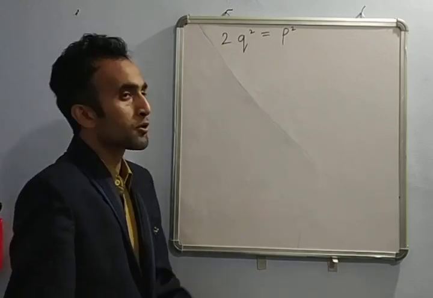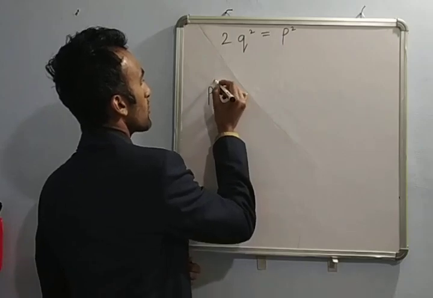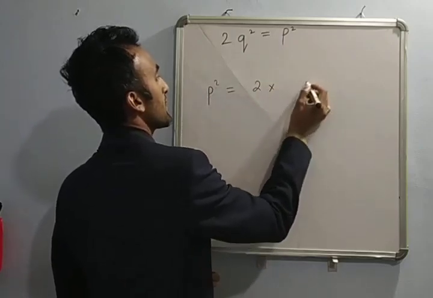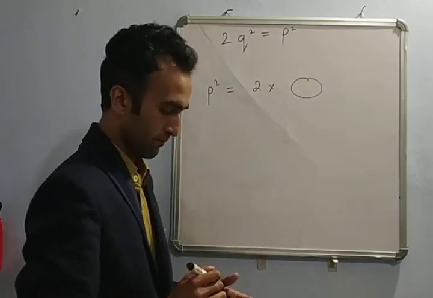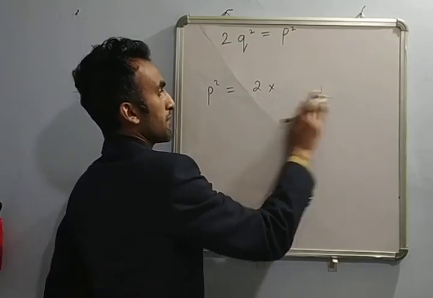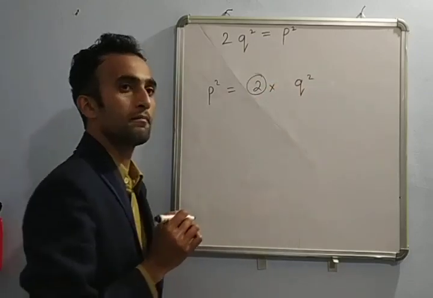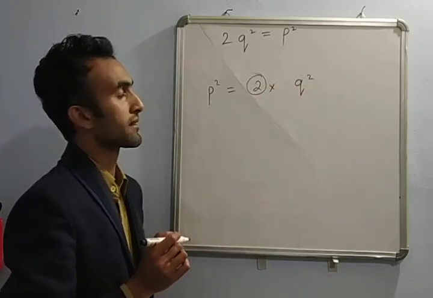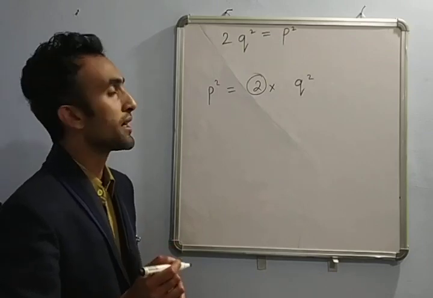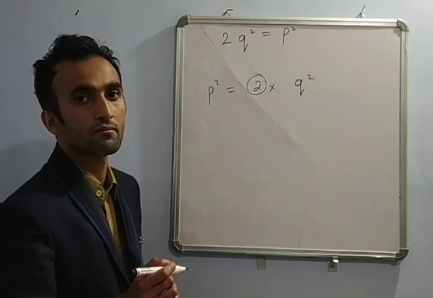Now P square equals 2 into something. Just check. P square is equal to 2 into Q square. The point to be noted here is the 2. That means, is P square even or odd?